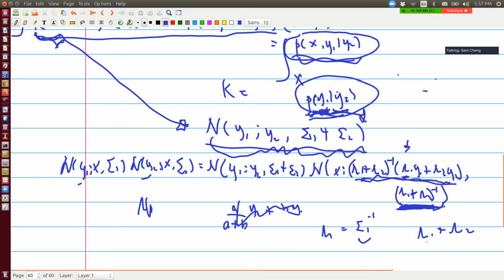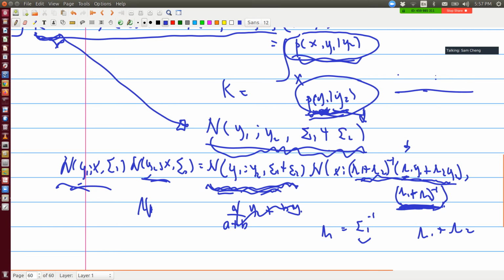Even this term has some reason for it. It's very nice, the scaling factor. You can think of the scaling factor as how compatible these two observations are. If these two observations are very compatible, this value will be big. If they are not so compatible, this value will be small. What do I mean by compatible?